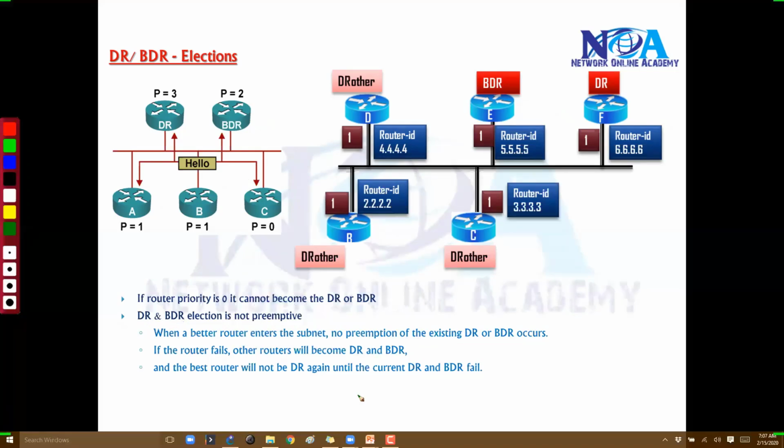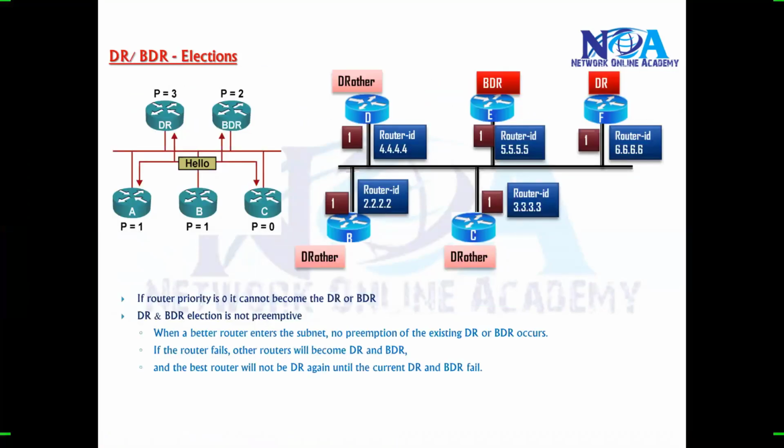If you want to force it, you can use the clear ip ospf process command, which we'll be using in our labs. You can reset all the routers, clear the process and do the re-election again. That is forcing the routers to do the re-election, disconnecting the neighbors and connecting them again.